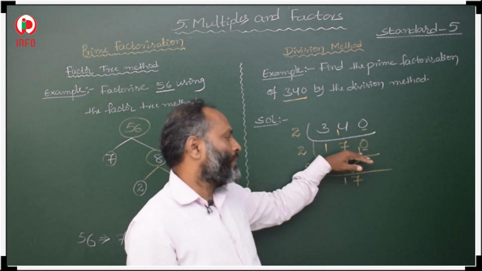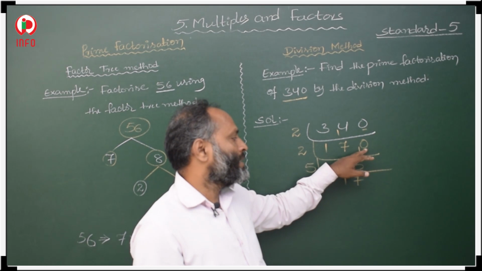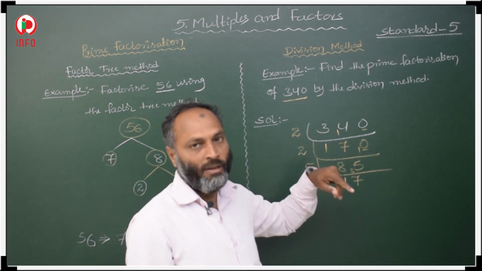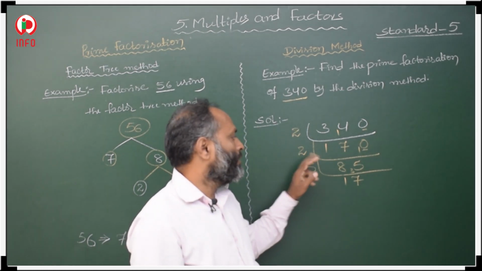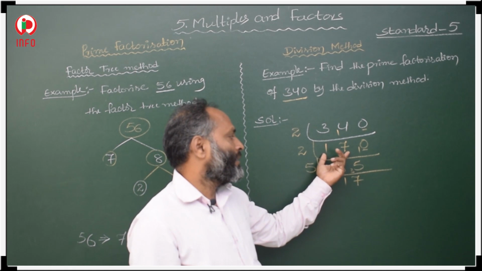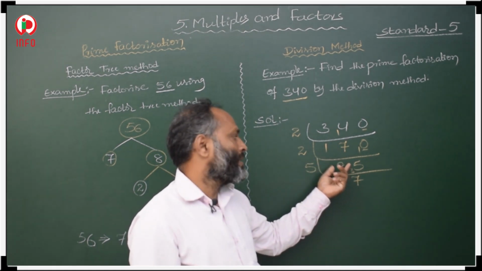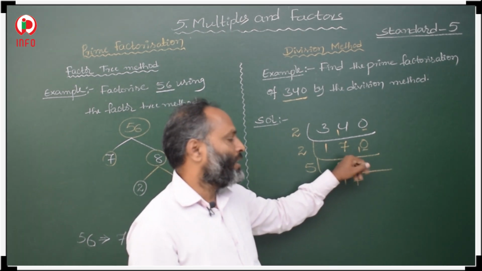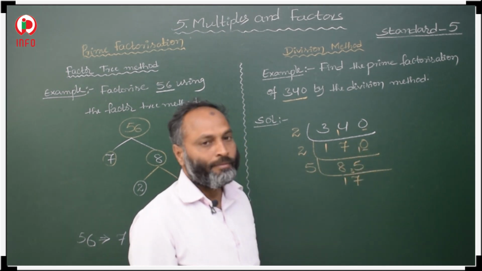After that we check whether this number is even or odd. This number is even, because in the ones place 0 is there. So again we divide with 2. 2 8s are 16, 16 and 17, the difference is 1. That one difference we keep here, so we get 10, and 2 5s are 10.